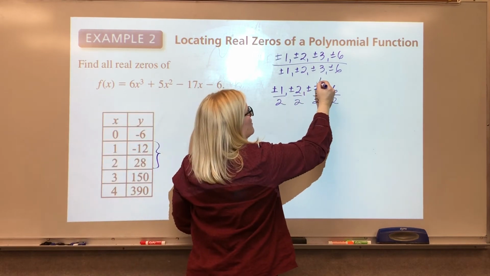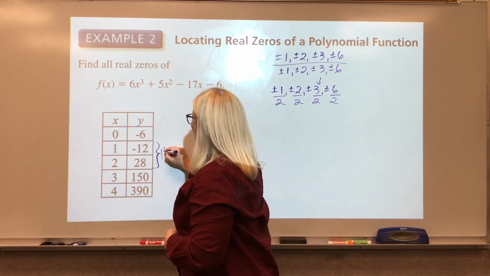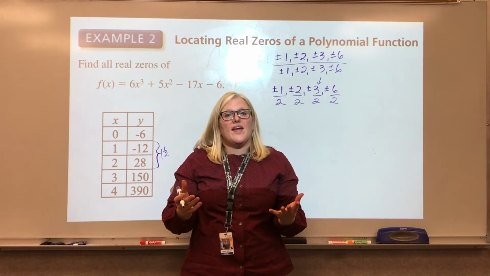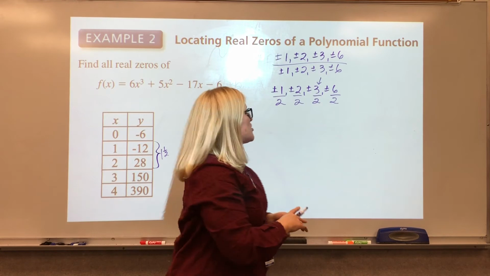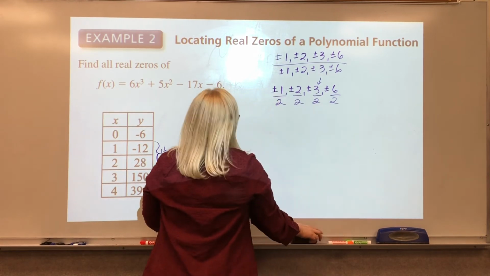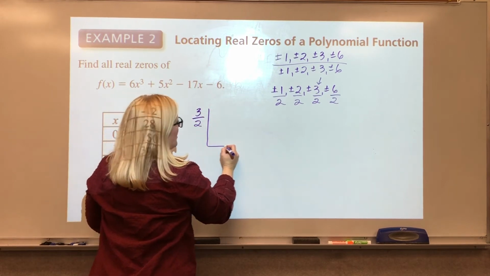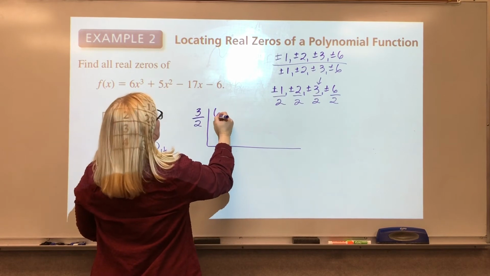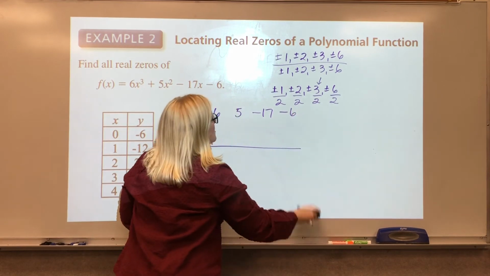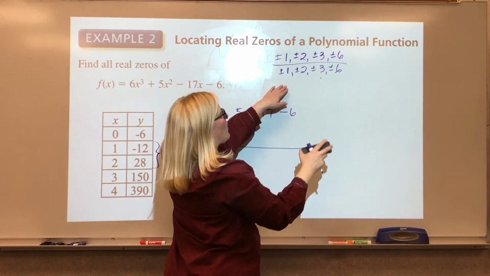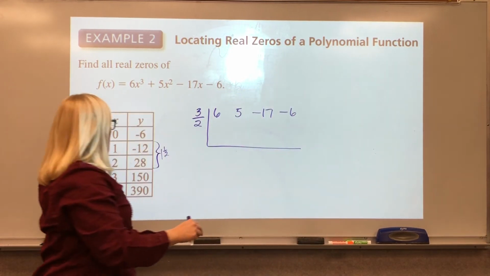It's right here. 3/2 is in between 1 and 2. So 3/2 is 1 1/2. So I'm going to check that and see if that is a 0 of the function. Okay, so this is where we haven't done one of these like this before, but we can take 3/2 and we can use synthetic division. So 6, 5, negative 17, negative 6. I'm going to erase this. So I didn't have to write out everything for the rational root theorem. I was looking specifically for one between 1 and 2.